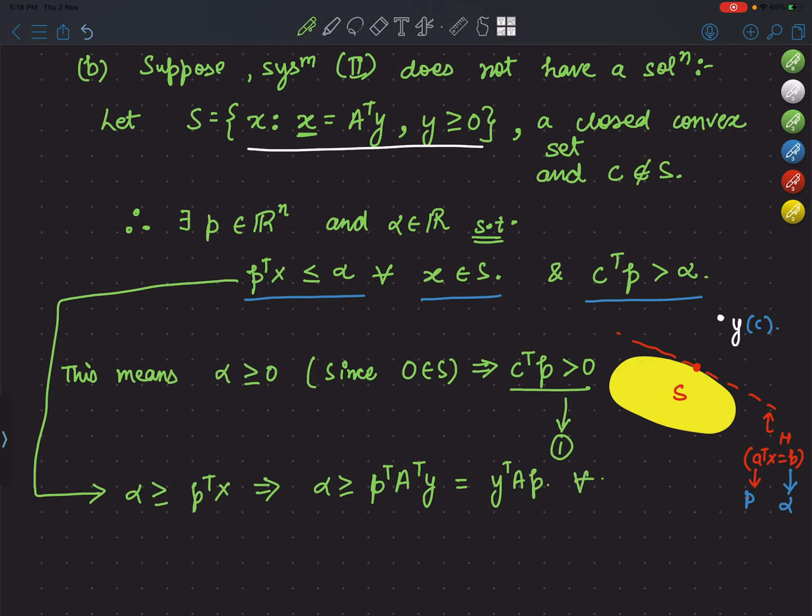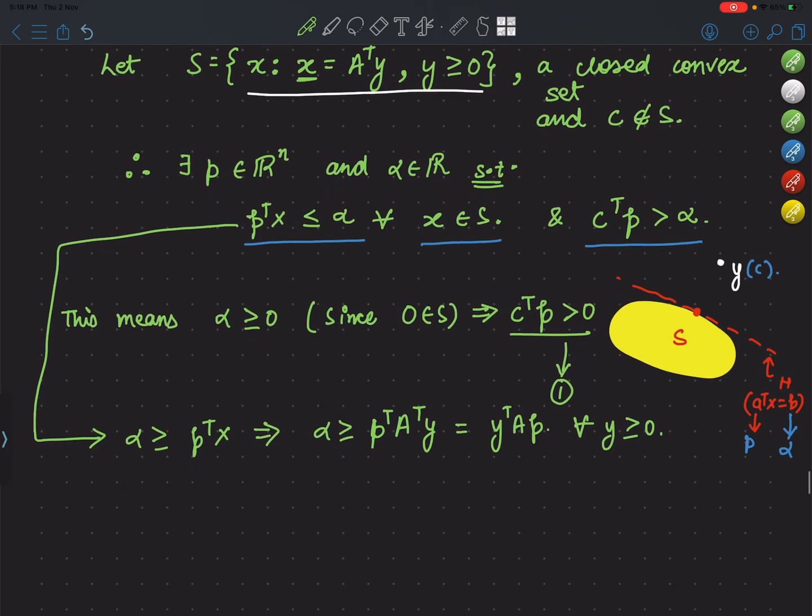For all Y greater than or equal to 0. Now think of alpha as a constant here. For some point C, alpha will be a constant. Alpha is constant for given C and A, correct?